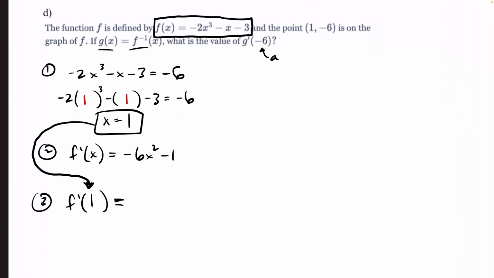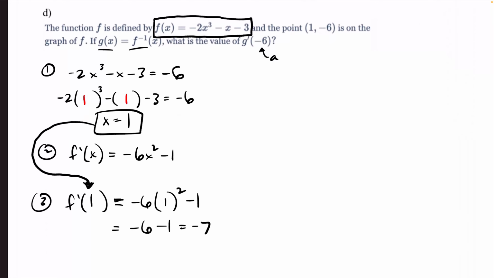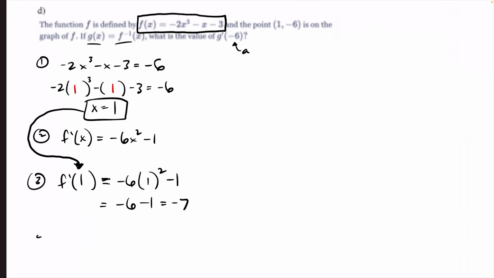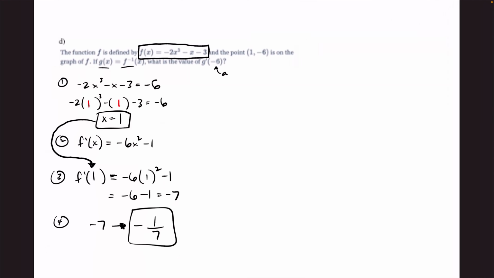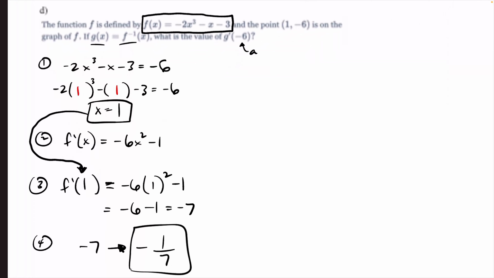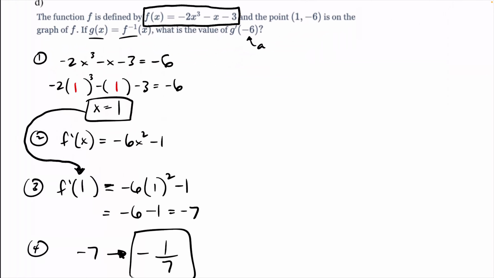So we have -6 times 1 squared minus 1. -6 minus 1 is -7. Step 4 is the easiest step. Flip it. What would I get if I flip -7? Yep, -1/7.